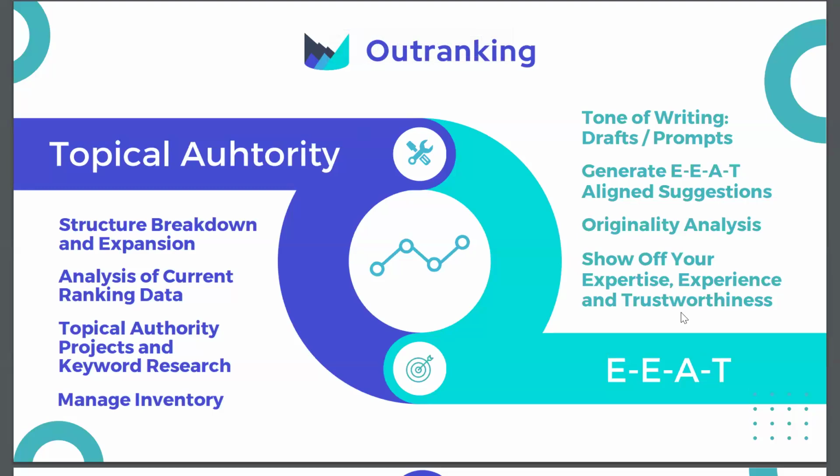Same goes with EEAT: tone of writing, drafts and prompts, generating EEAT-aligned suggestions, originality analysis, and showing off your expertise, experience, and trustworthiness. These are all the topics we will be covering in our session.